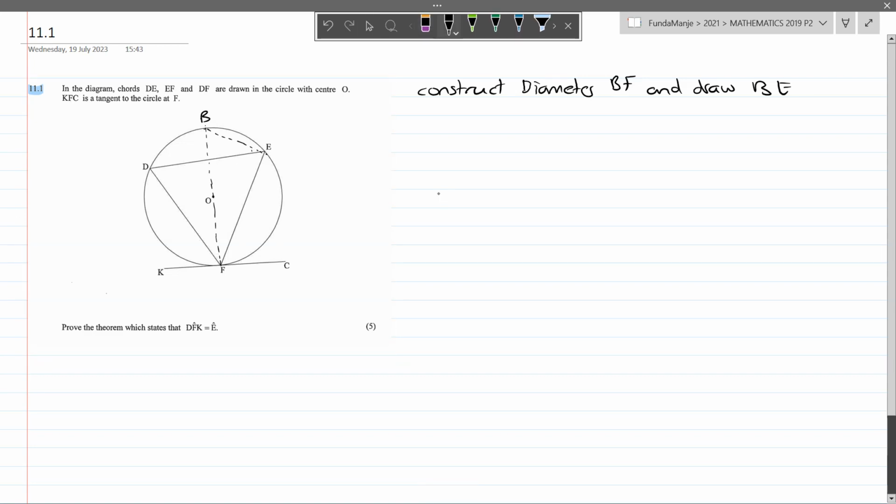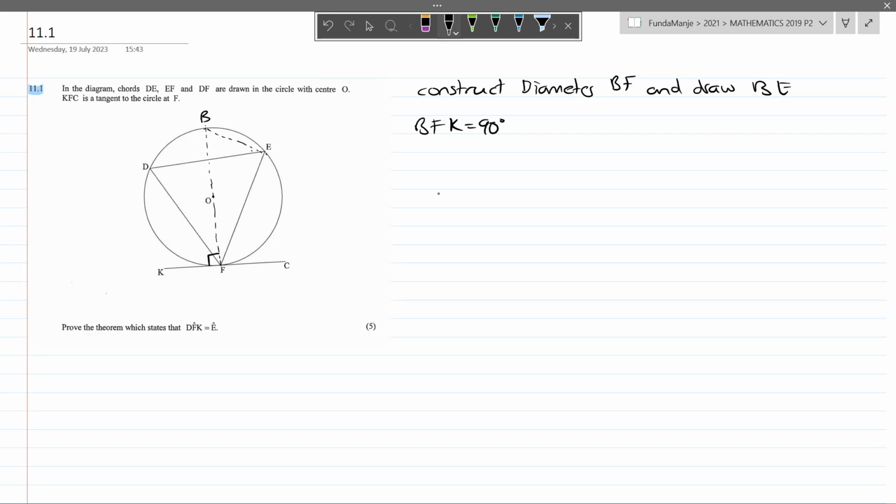So after constructing the diameter and drawing the line BE, our first step is to say BFK is equals to 90 degrees. So this here is 90 degrees. BFK equals 90 degrees. Or you can say DFK is equals to 90 minus BFD.